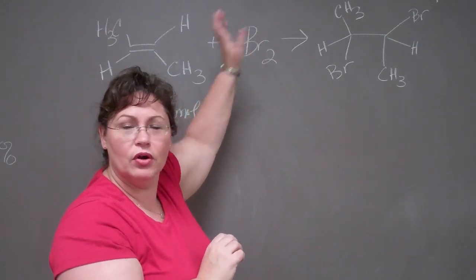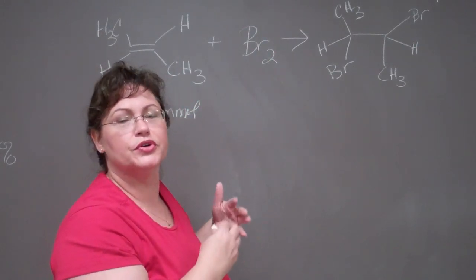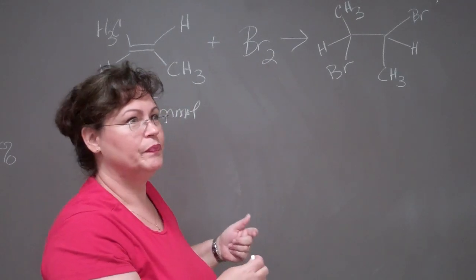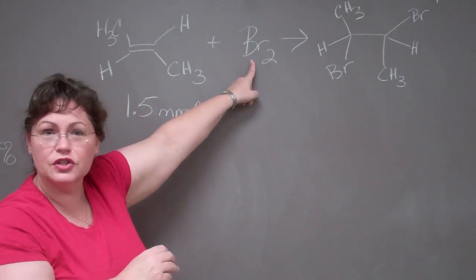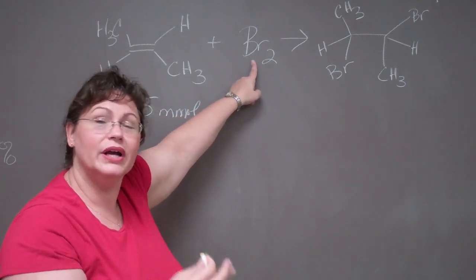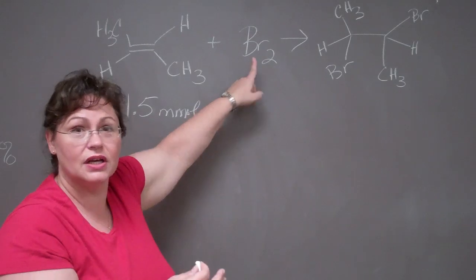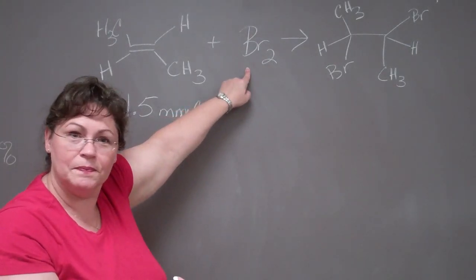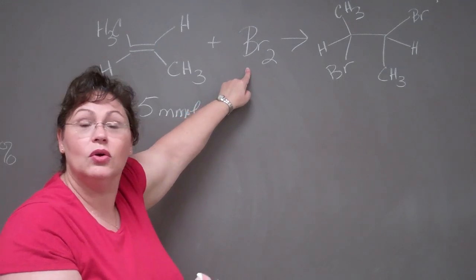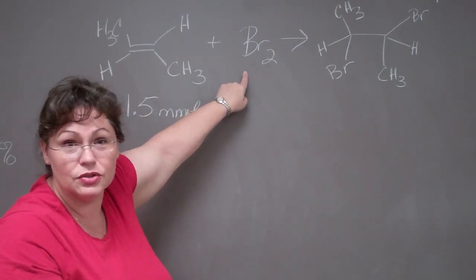We are adding bromine to this reaction so that a yellow color persists. Now, you will learn this more in lab, but when you add bromine to the solution, as long as there's bromine around, you're going to have a slight yellow color because the bromine is very colored. So as long as I have a yellow color persisting, I have bromine in that solution.